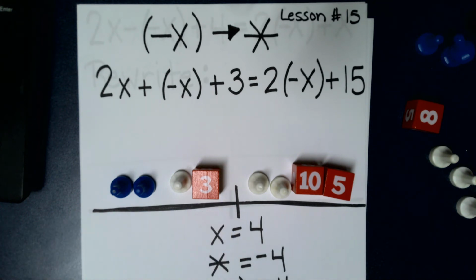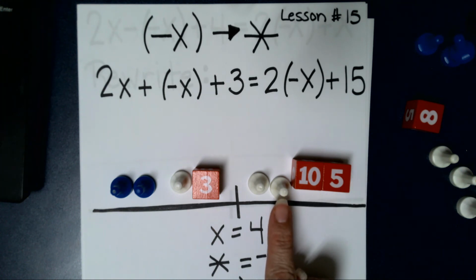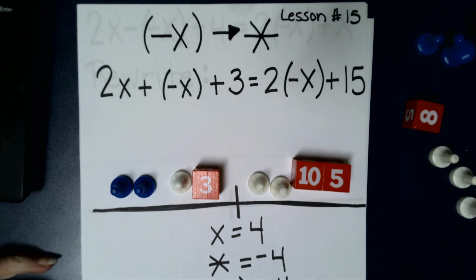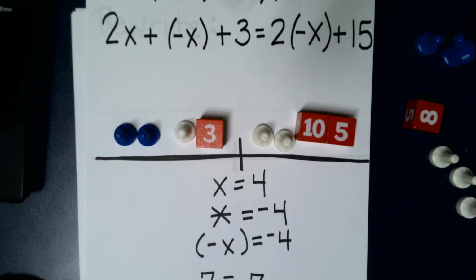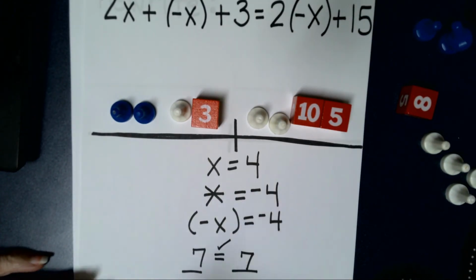So on the left, I have 7. On the right, I have 2 stars, which are each -4. So I'm going to start with my whole number first, my 15, and I'm going to take away 4, which gives me 11. And I'm going to take away 4 more, which gives me 7. So my check is 7 equals 7. Is that a true statement? Yes, it is. So we can put a check above that equation.